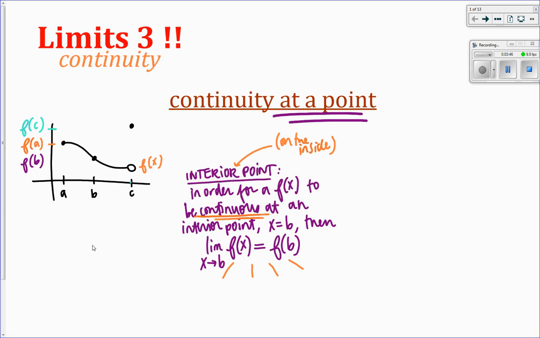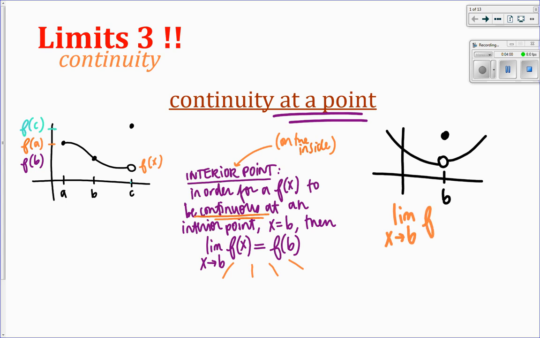Let me draw two quick pictures to show you what it wouldn't look like. Let's say I have a function that looks like this. And this is b, and the function is here, and b is up here. Here, the limit as x approaches b of this function exists. It's whatever this y value is.